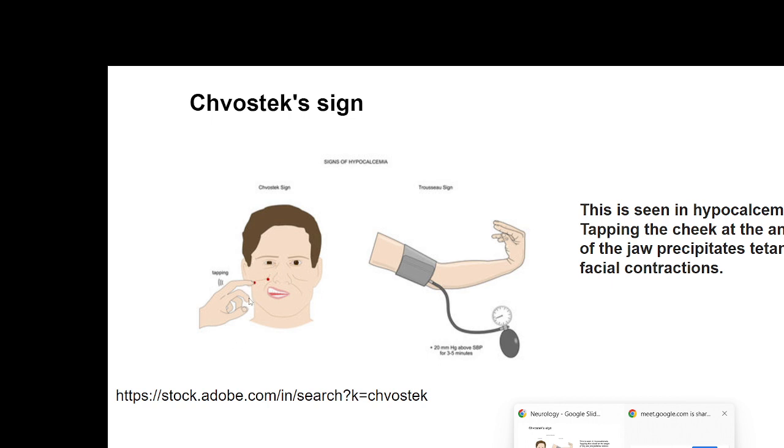Or this also can be seen by facilitating the contractions of hypocalcemia by tying a BP apparatus cuff over the area and raising the pressure between the arterial and the venous pressure, so that there is venous stasis, and the stasis of the blood flow will reduce the calcium level further in the muscles, which results in the contractions.